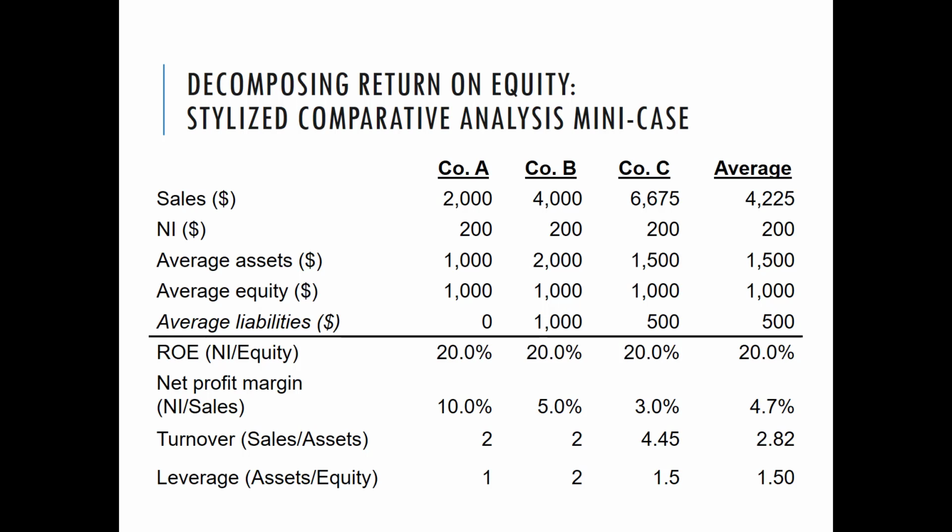You could also tie it to the things that you might have learned in the forecasting week, and mean reversion. We talked about the idea that when we're looking at mean reversion, profit margins revert back to the mean the most. So if you want to evaluate this from a long-term perspective, which one should I invest in? You might say, well, profit margins tend to revert back to the mean the most, whereas turnover and leverage tend to be more stable.